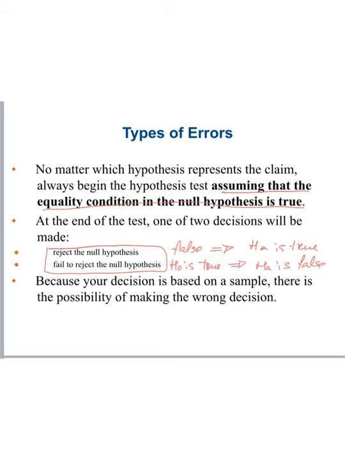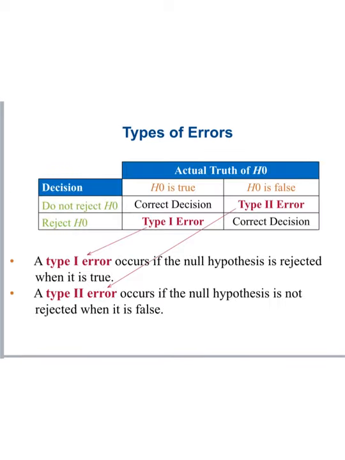Because your decision is based on a sample, there is the possibility of making the wrong decision. This is very important, so please pause on this page and take it easy. Take a look: here's my null is true, and this is my null is false.